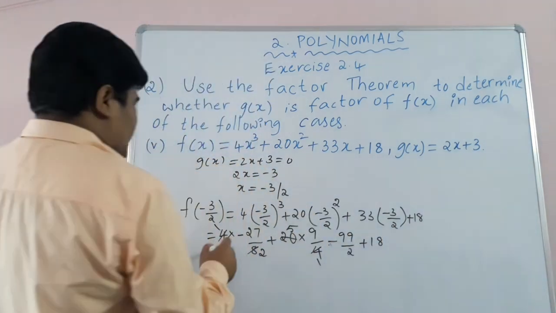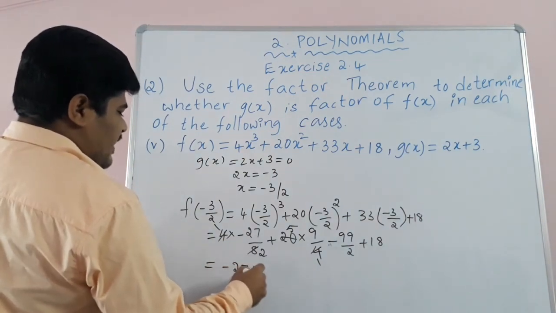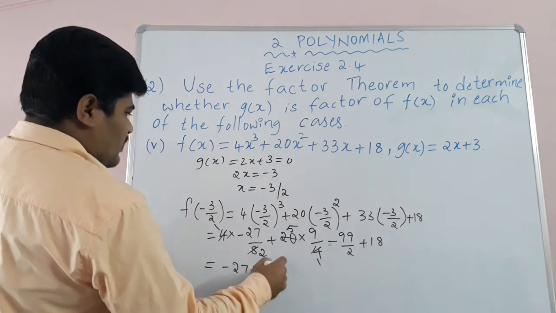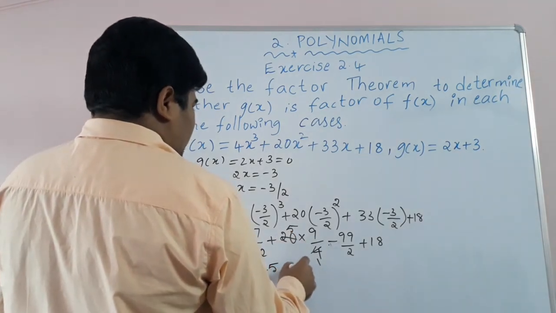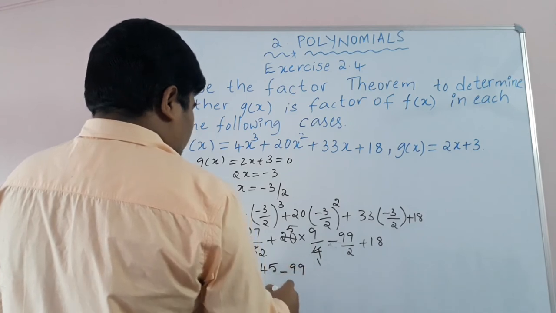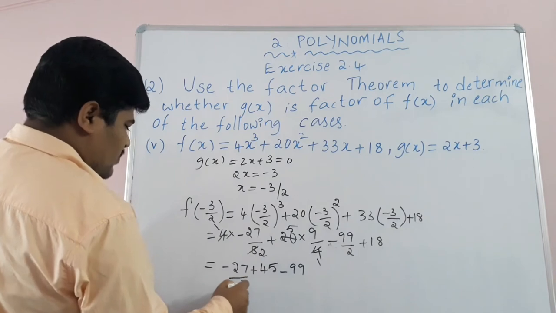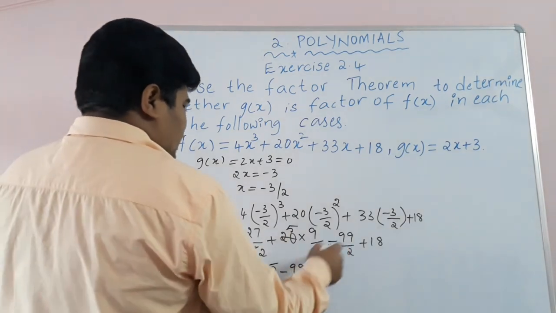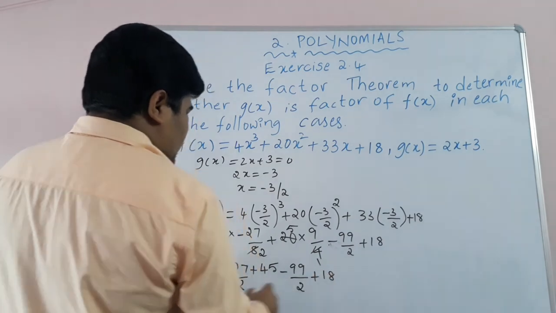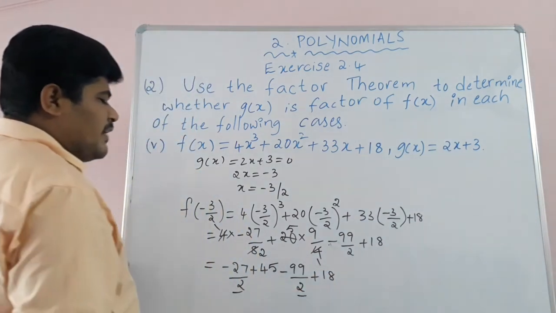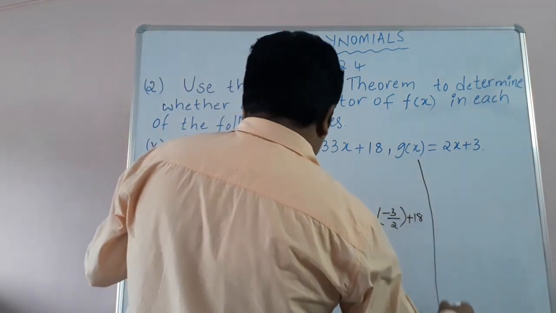Now see, minus 27 by 2, sorry children, here minus 27 by 2 is there, plus 9 fives are 45, minus 99 by 2 and plus 18. Now children, these two fractions have the same denominator, like fractions, so you write them together.